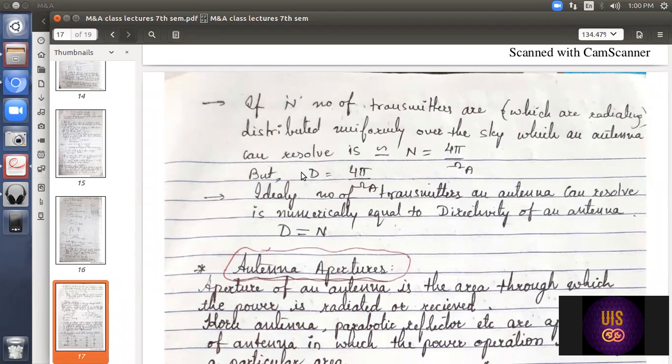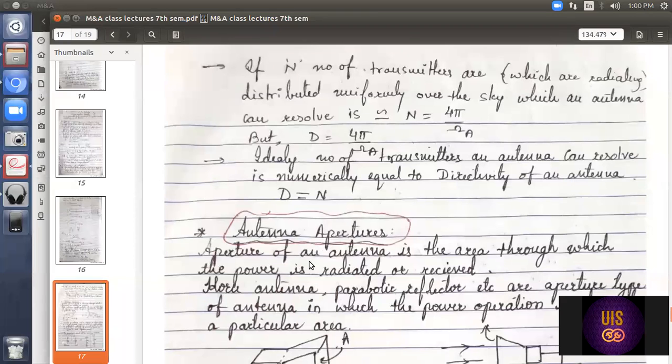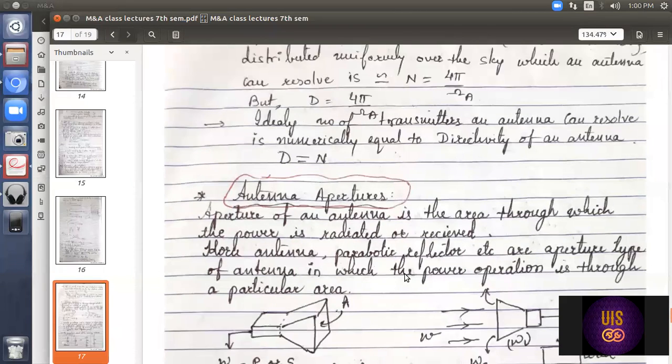And if we construct an antenna, there will be a certain area in the antenna through which the power radiates, through which the electromagnetic waves come out, or through which the power gets received. That particular area we call aperture. So the aperture of an antenna is the area through which the power is either transmitted or received.